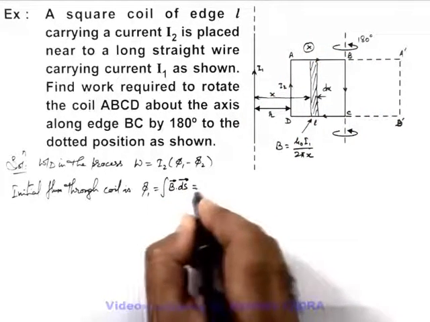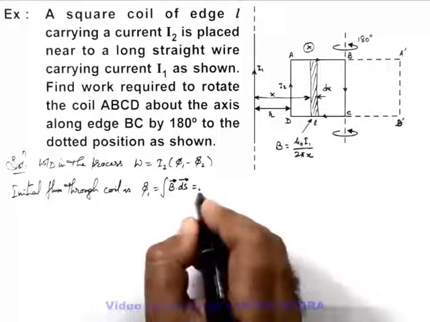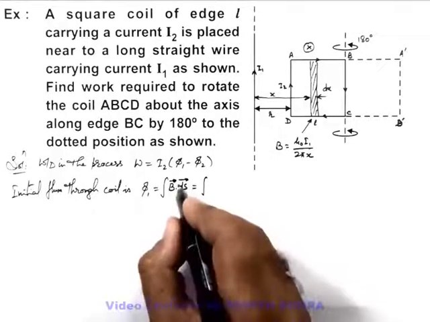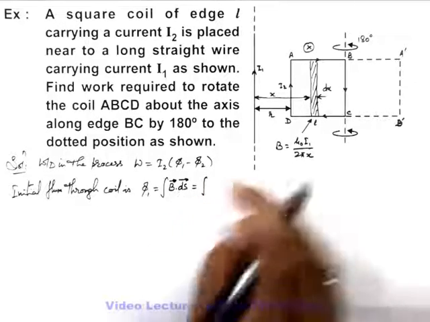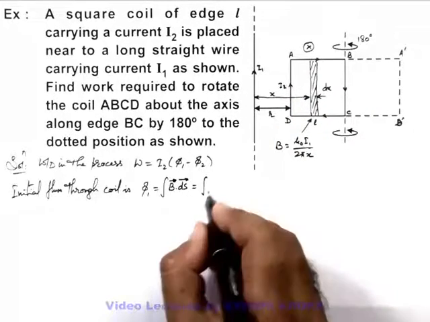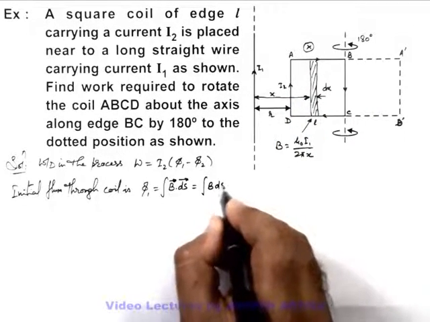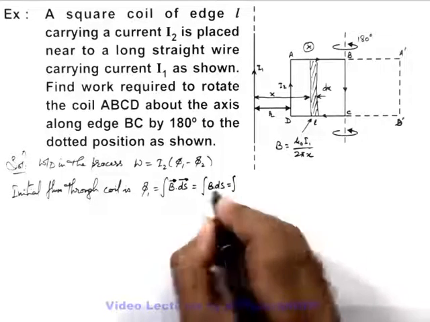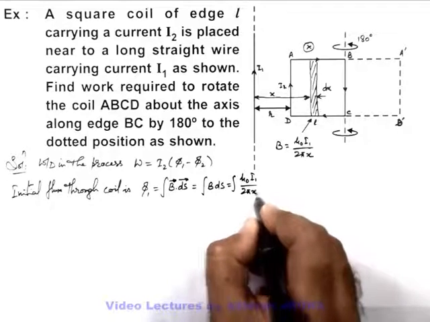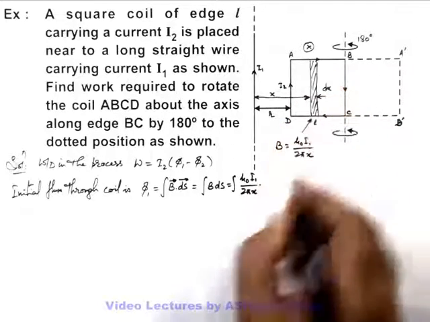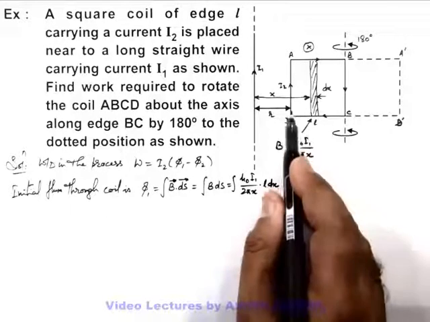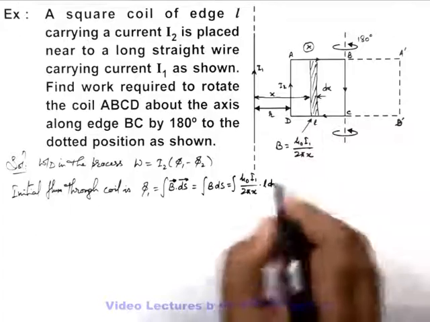We just omit the dot product because the angle between the B vector and the area vector is 0 degrees. So it is the integration of B dS, where B is mu naught I1 by 2 pi x, multiplied by the area of this element, L dx, integrated within limits from R to R plus L.